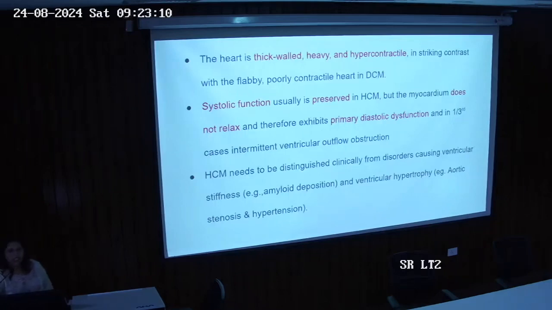Now, in dilated cardiomyopathy what was the dysfunction? Systolic dysfunction. The heart has become big and is not able to contract well. In hypertrophic cardiomyopathy, the heart has become hypertrophied, so it is not able to relax properly. So there is diastolic dysfunction.